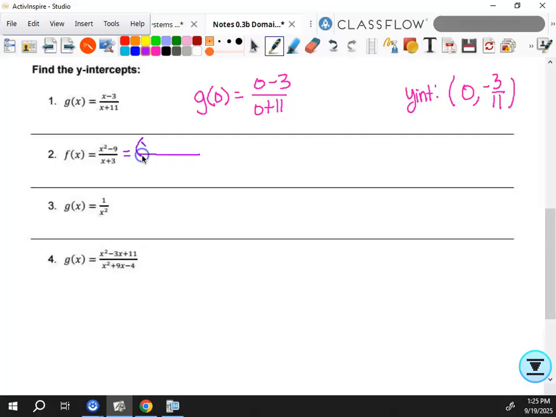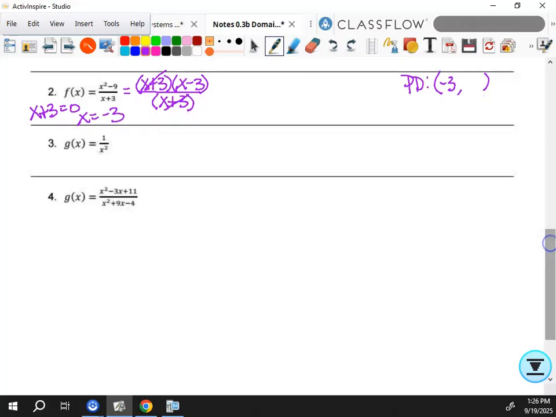Need to factor here. So this is going to give me x plus 3 times x minus 3 over x plus 3. Can I reduce? Yes. So these cancel out. x plus 3 equals 0, so x equals -3. That means I have a point discontinuity, and my x value is -3.